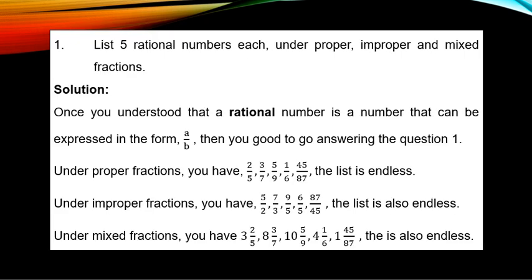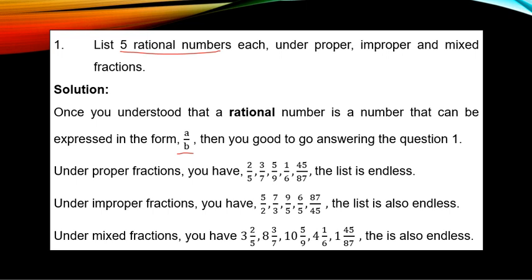So number 1, list 5 rational numbers each under proper, improper, and mixed fractions. In lesson 1, we defined a rational number as a number that can be expressed in the form A over B, but we used P over Q then. So I say the same thing, A over B, such that B must not be equal to 0.